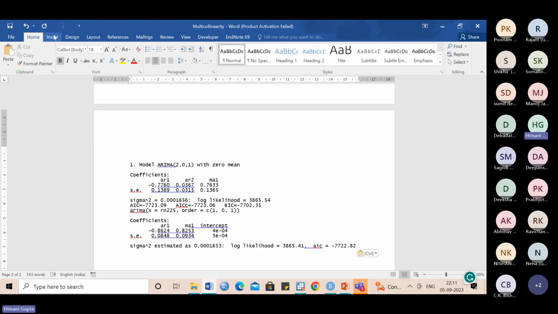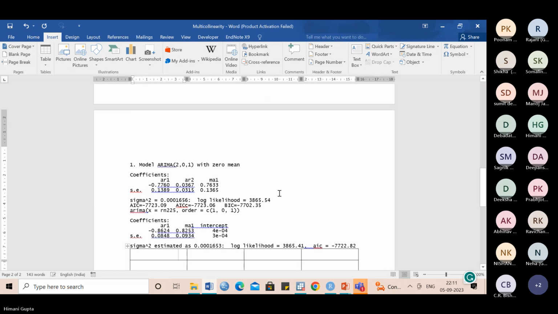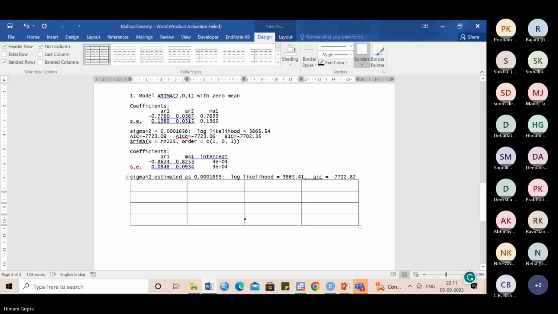Let me make one table over here. I am saying this is my AIC, this is my BIC, and this is my maximum ML. ML means maximum log likelihood. And this is my original model that R has given me. This is the model that I have created.